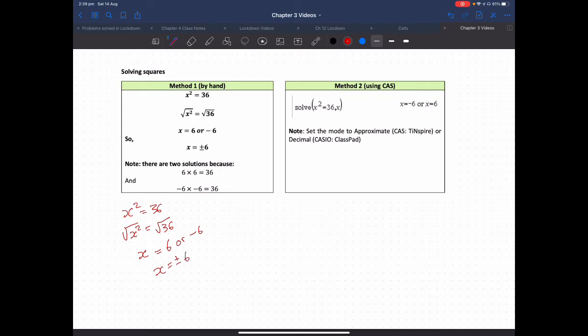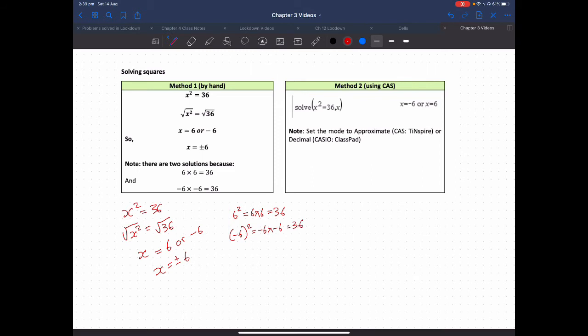Why is this so? Just to show you, if I wanted 6 squared, that means 6 times 6, which is 36. If I wanted negative 6 squared, that means negative 6 times negative 6. Negative times negative is a positive. 6 times 6 is 36.